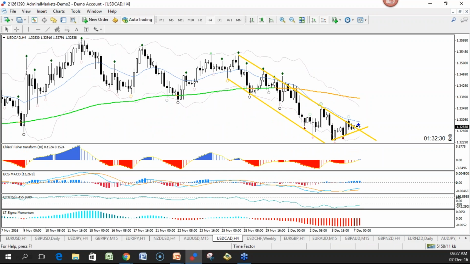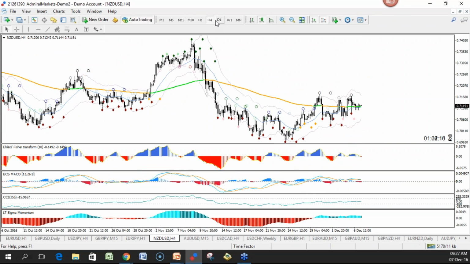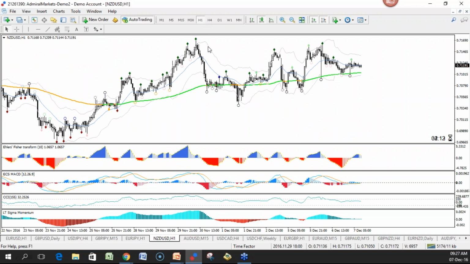Yeah, kind of sleepy. I mean, it's trying to break above this resistance, but it's doing that very passively. Choppy here.